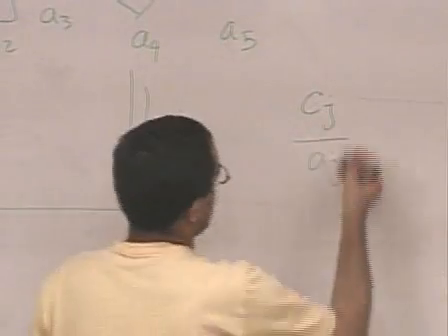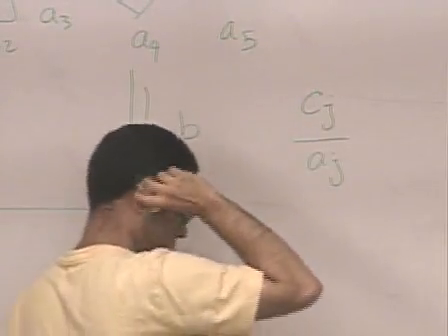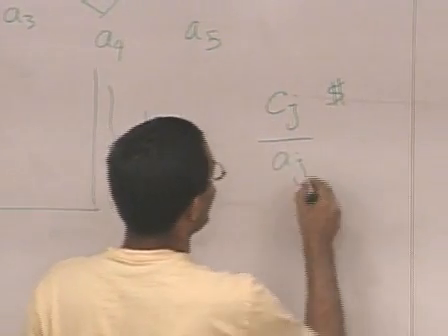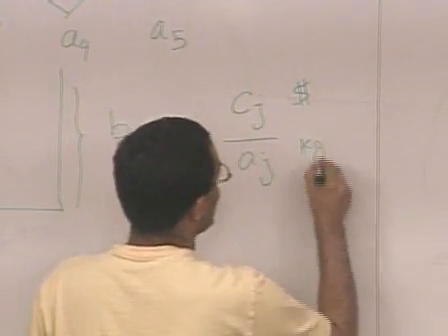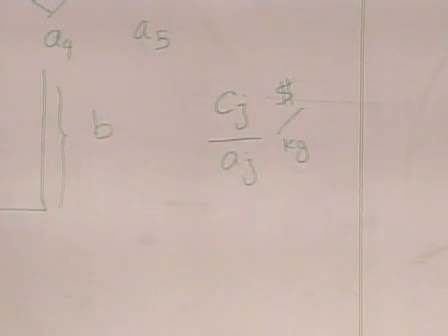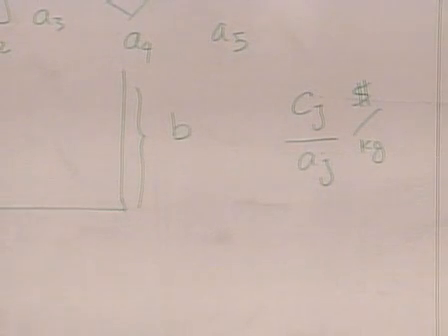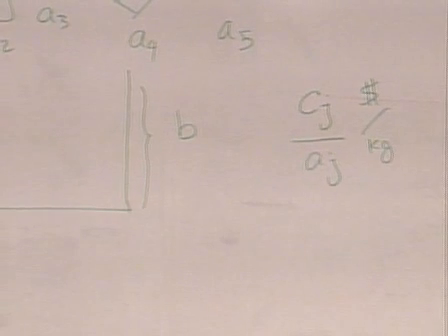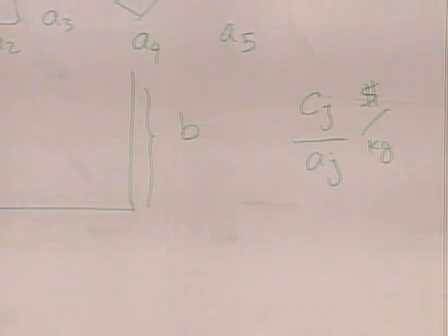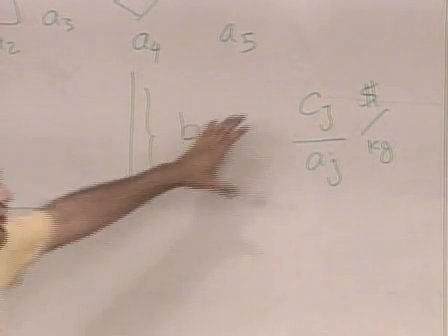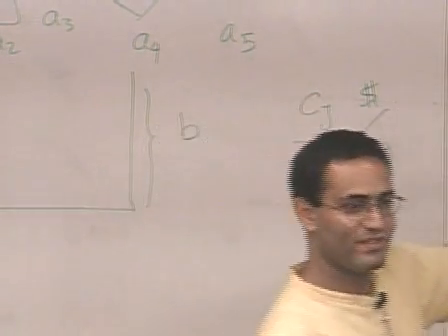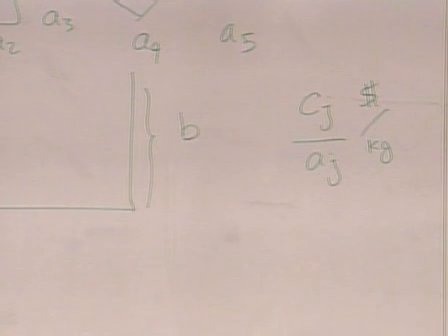If the value is in dollars and the weight is in kilograms, you rank them by dollar over kilogram, which means which one gives you more money for the same amount. Then you start picking the most valuable one. You first pick the diamonds, then the rubies, then the jades, and you end up picking the pebbles at the end.